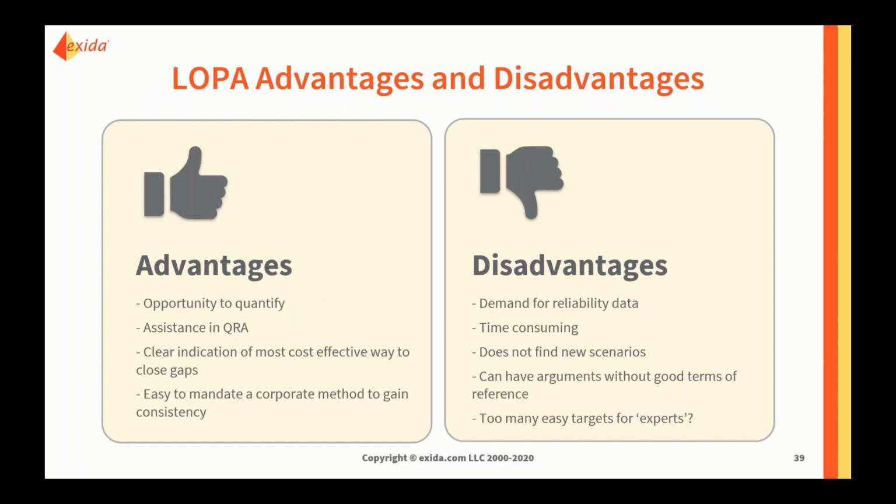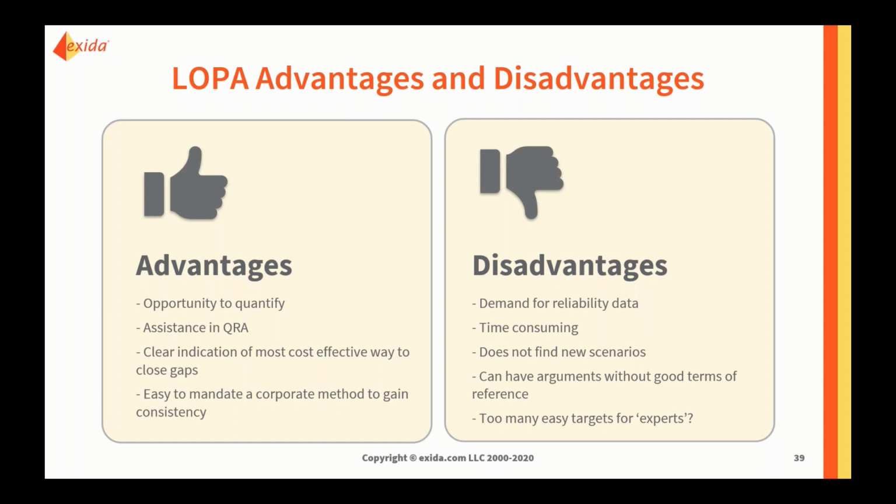Now, layer of protection analysis also has its advantages and disadvantages. As we've highlighted in today's presentation, it's a very versatile technique. It can be applied to low demand safety function specification. It can be applied to high demand safety function specification. It's a reasonably well understood technique, and it gives us the flexibility to understand the overall accident scenario and how it might develop better to potentially implement more effective protection layers.